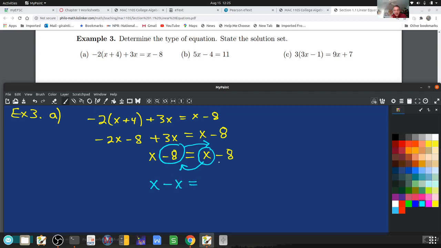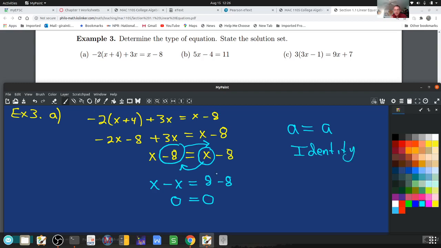When I move the 8 to the other side, it changes its sign. So x minus x, by definition, is always 0. And 8 minus 8 is 0. So I have the form a is equal to a. So that signals that this is an identity.